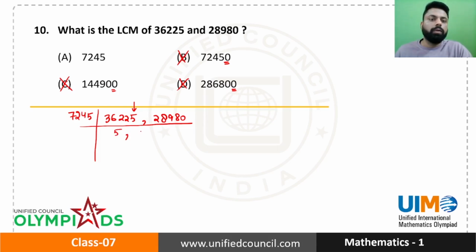This is equal to 4. Now there are no common factors, so the LCM will be equal to 7245 multiplied by 20. So 144,900, that will be the LCM. We were talking about the HCF in that case.